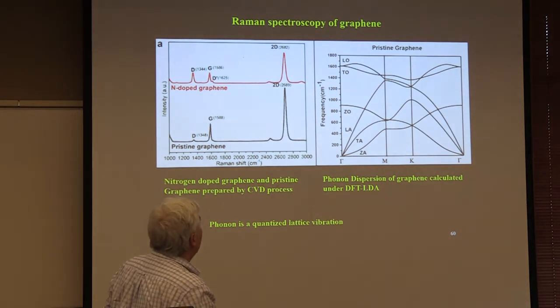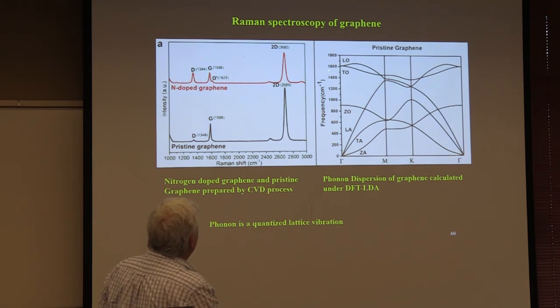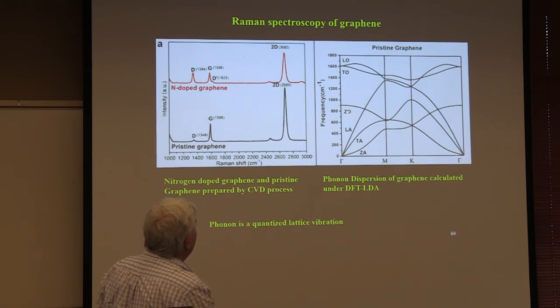This is called zero energy. In the Brillouin zone it is the center of the Brillouin zone. And what you see is that these are called acoustic modes. There are only three acoustic modes in any system. And the ones you see here, these ones are the G band, around 1600.